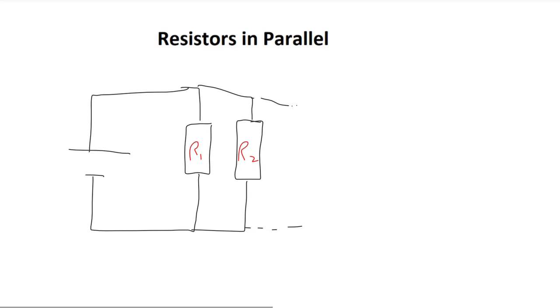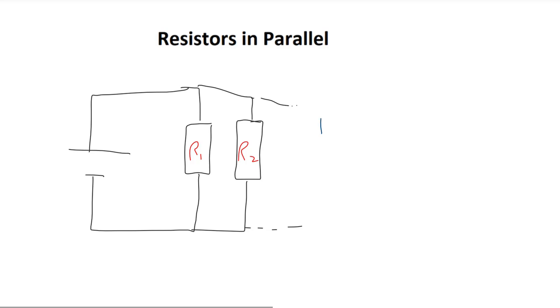Hopefully this makes intuitive sense. If it's harder for electrons to travel through a certain path, then more of them will instead travel down the easier path. As there are more electrons traveling down the path of lesser resistance, then the current down that path will also be greater than down the other path of higher resistance. Because of this, there is in fact an inverse relationship between the equivalent resistance and each individual resistance.